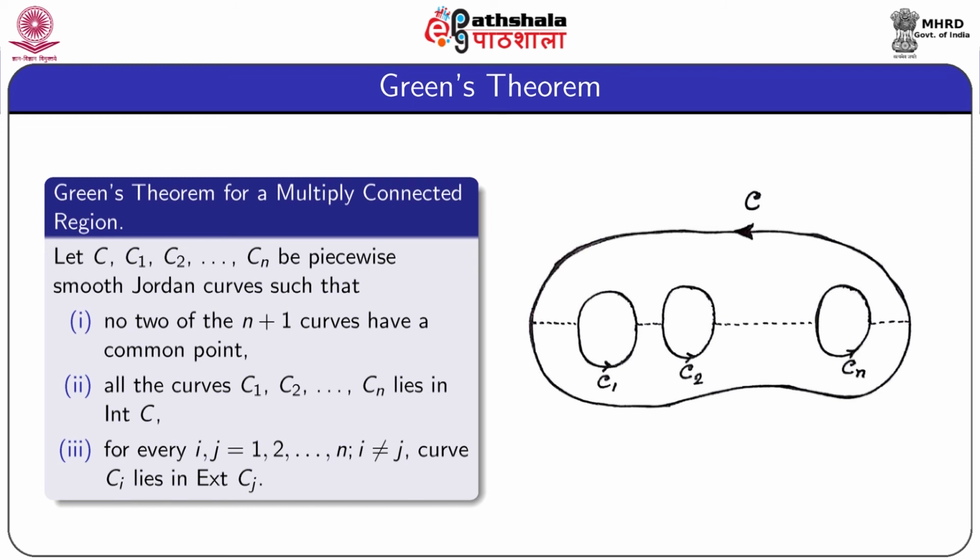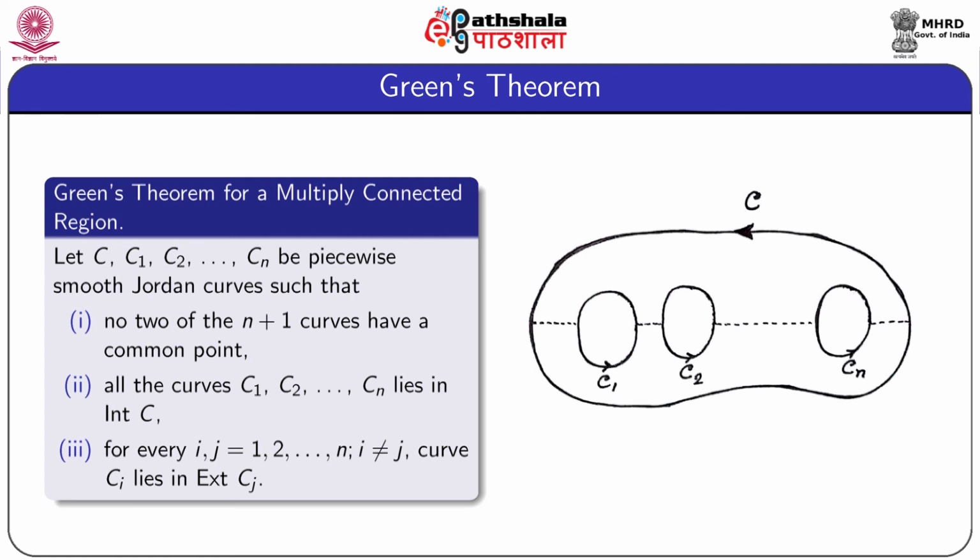We now study Green's theorem for a multiply connected region. We consider n plus 1 curves which are piecewise smooth Jordan curves. Let them be C, C1, C2 up to Cn. Now, no two of the n plus 1 curves have a common point.